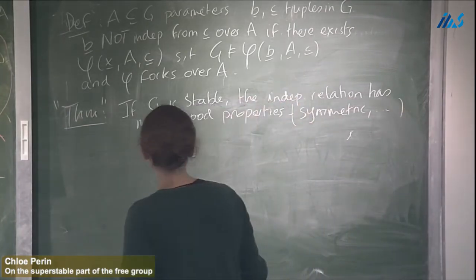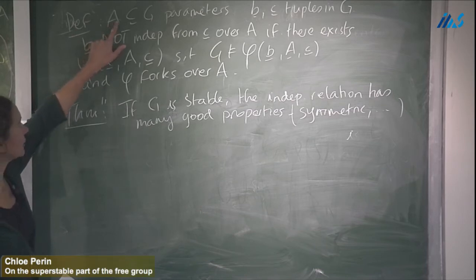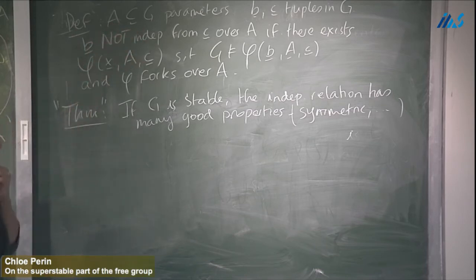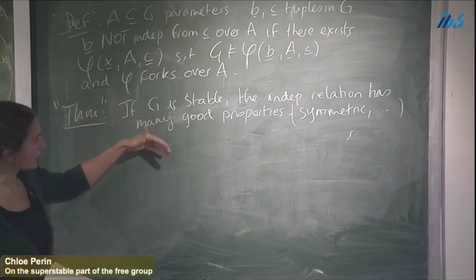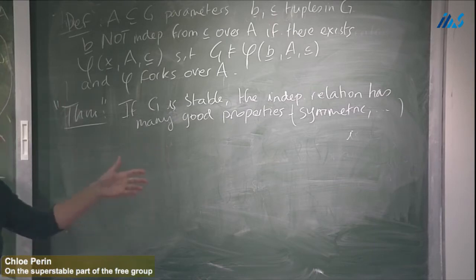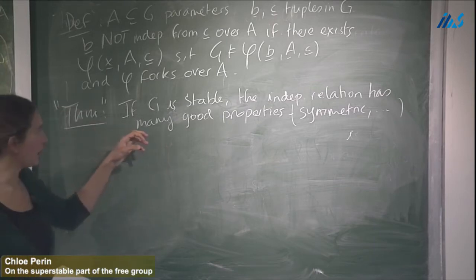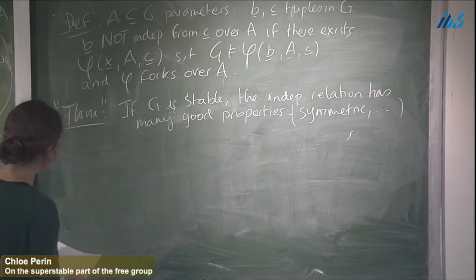And in fact, maybe something even more interesting is that if you can show that there is some relation between tuples, so that for every set of parameters that you can choose in your group there is a relation which satisfies all these good properties, then the theory is stable. So in that sense, being stable means that you have a good geometry, because you can define a good independence property.